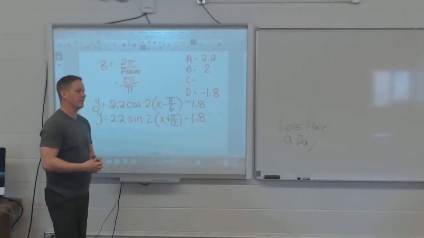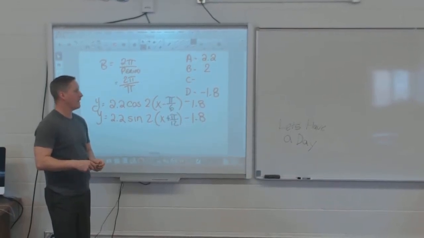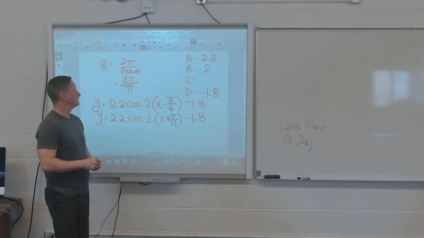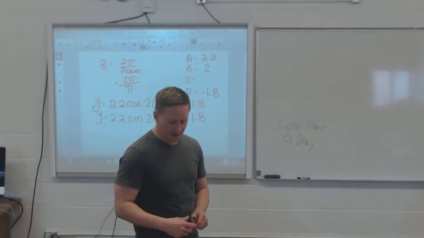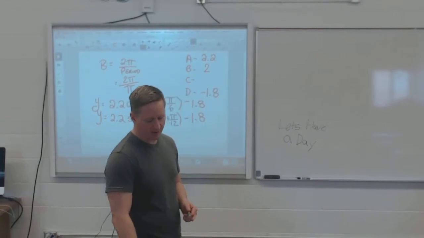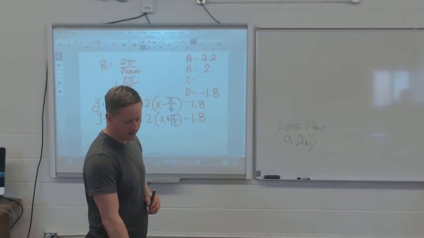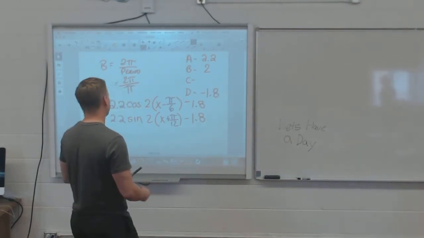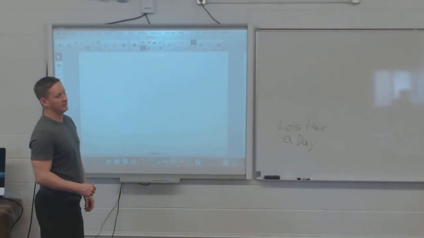Okay? Yes, Jeffrey. I'm so confused on finding b. It's 2 pi over the period, and now you've got just pi at the bottom. Okay. So Jeffrey, your first trough, your bottom, the first minimum value is at what? On the x.